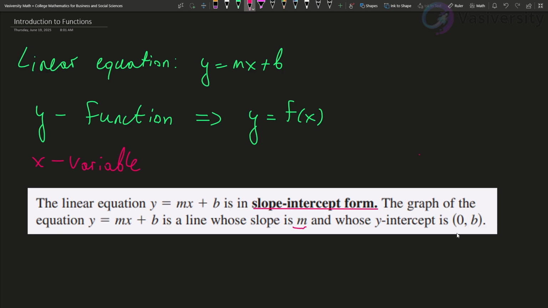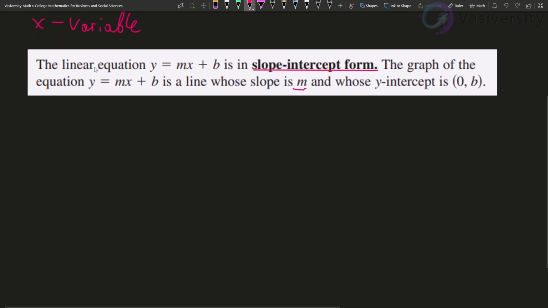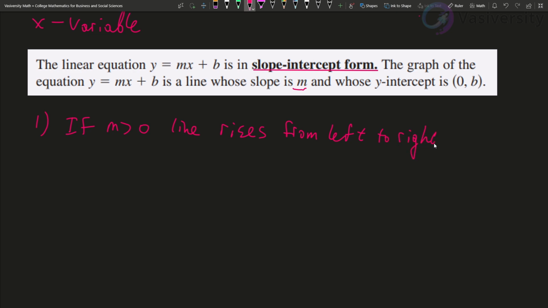Okay, a few facts about a slope. A slope is one of the very important parts of the linear equation. Number one, if m is greater than 0, then the line rises from left to right. Essentially, if we imagine that this is the x and y axis, we can have a line going like this.